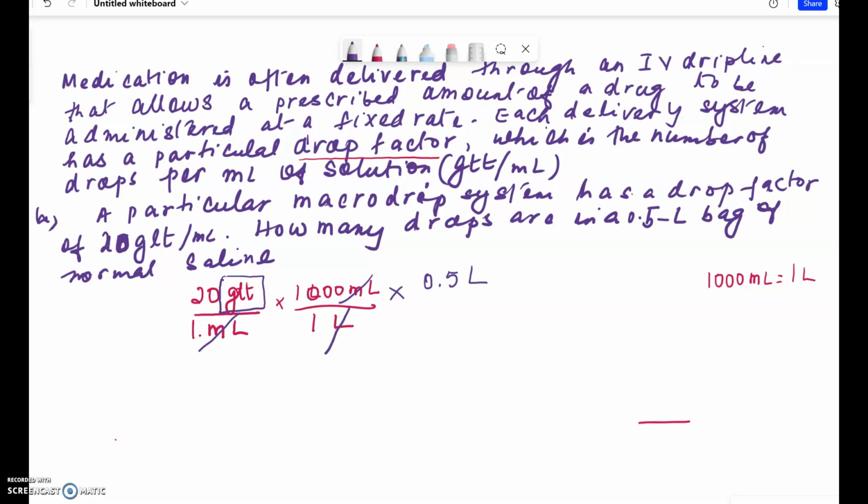So now that cancels the liters with the liters, and this is finally equal to 20 times 1,000 times 0.5 GTT. That's the only unit that survived in the numerator.